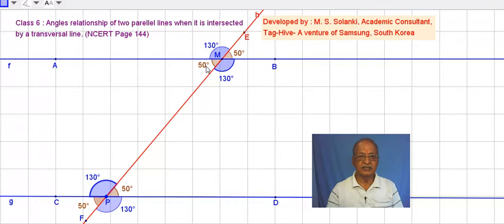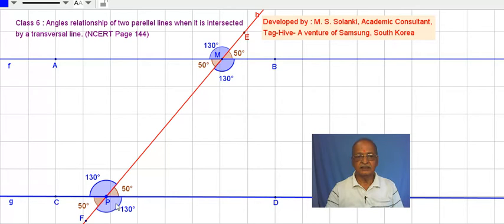Similarly, this angle, 50 degrees, is left of the transversal line and below the parallel line.